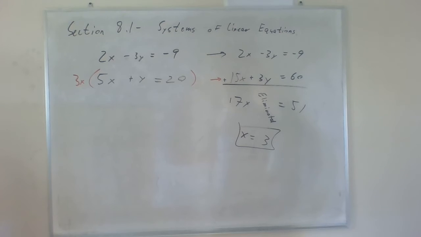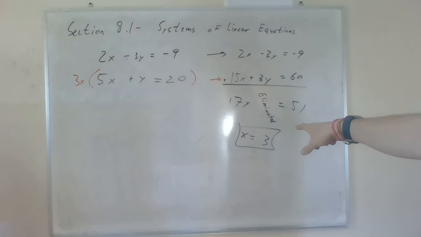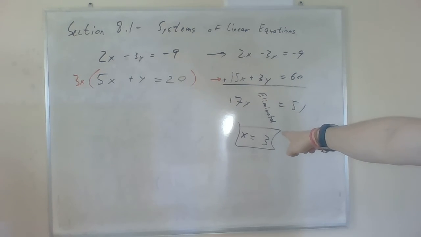So, the good news about the substitution technique and the elimination technique is they're only really distinct in terms of how you start the problem. They will give you two different options for solving for the first variable.